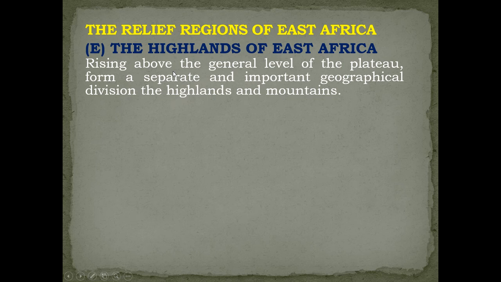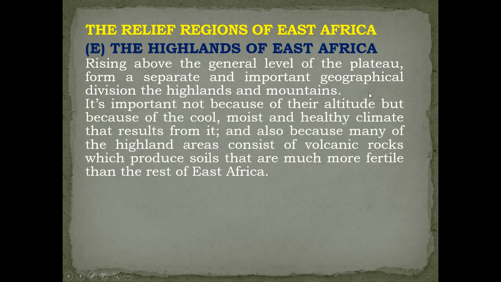So we say, rising above the general level of the plateau, there is an important geographical division or relief region which we are referring to as the highlands or the mountains. So the highlands and mountains are higher than the plateaus, because they stretch between 2,000 meters above sea level to almost 6,000 meters above sea level.